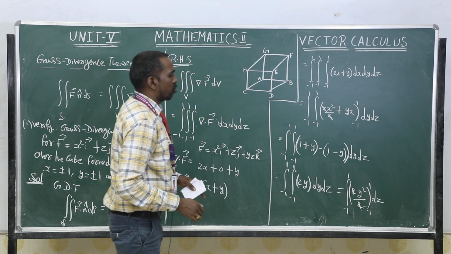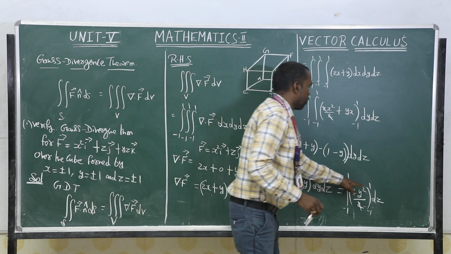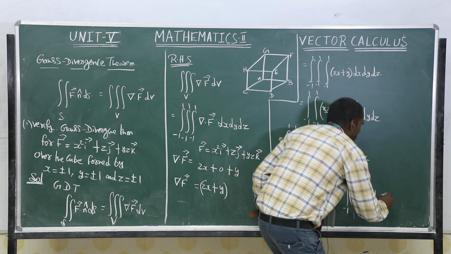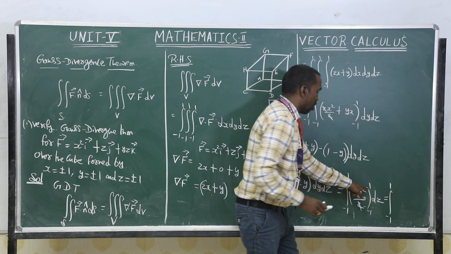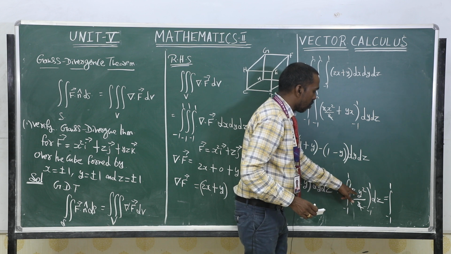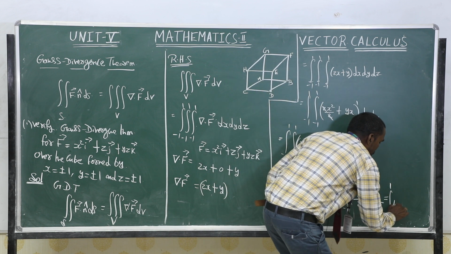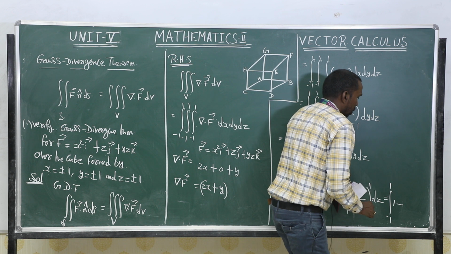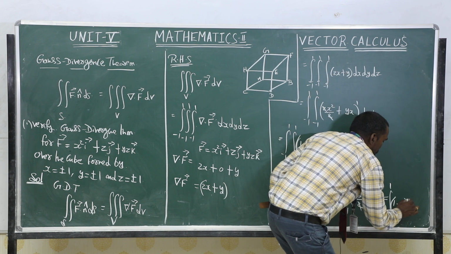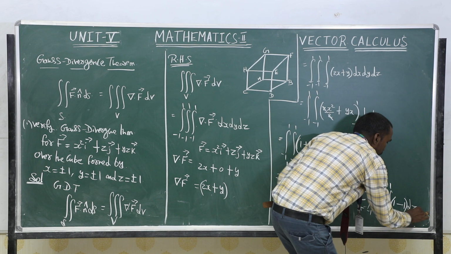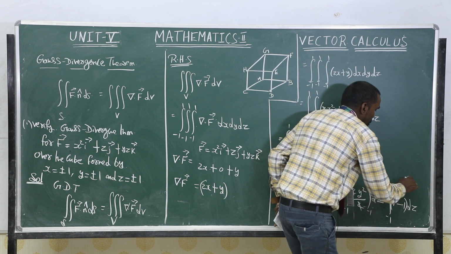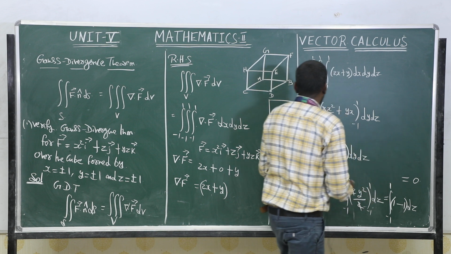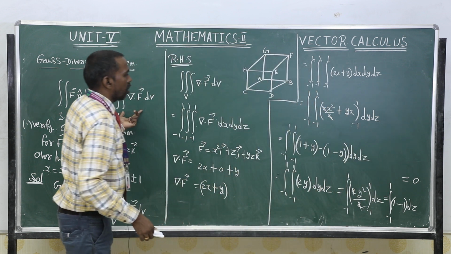I can now just substitute the upper limit, 1 squared, minus again the lower limit, minus 1 squared, also 1 squared. We get 0 into dz. So this will be 0, and automatically the whole answer will be 0. So the final RHS answer will be 0.